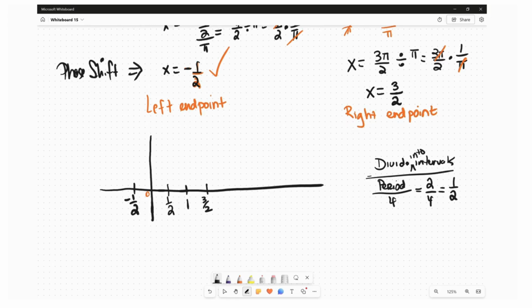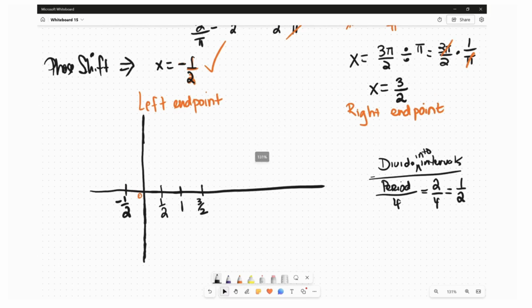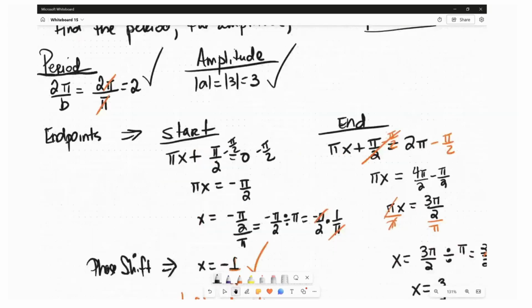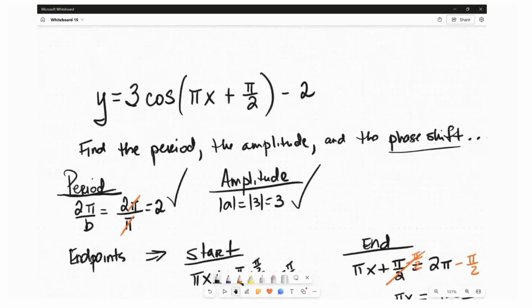All right. What's our amplitude? 3. But we're supposed to be shifting somewhere. Where are we supposed to be shifting? Down 2.